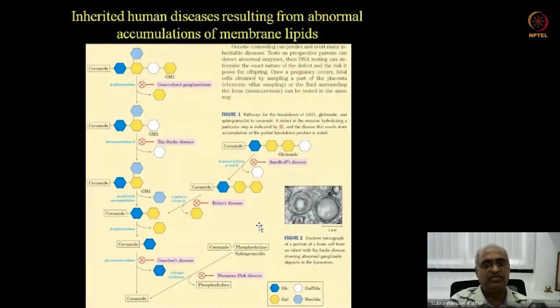Then accordingly you can counsel them, a process called genetic counseling. So the main point here is there are many inborn errors in metabolism, meaning genetic mutations, and they cause problems in lipid metabolism, leading to human diseases.